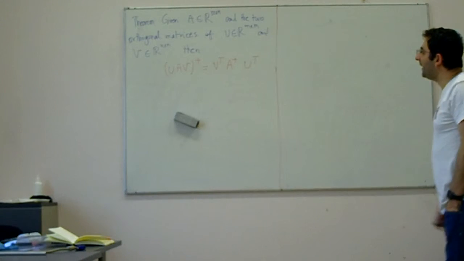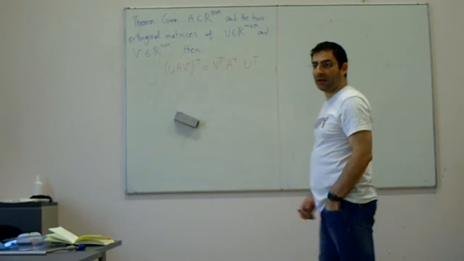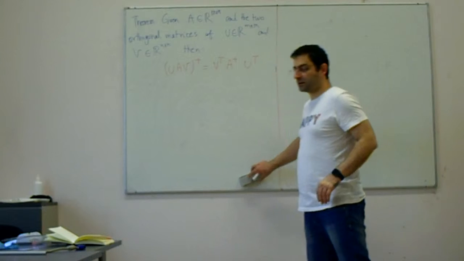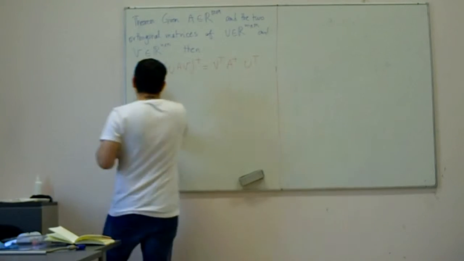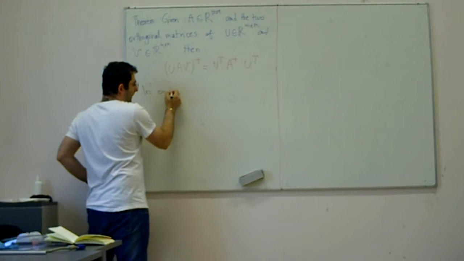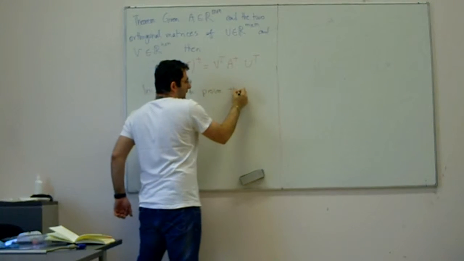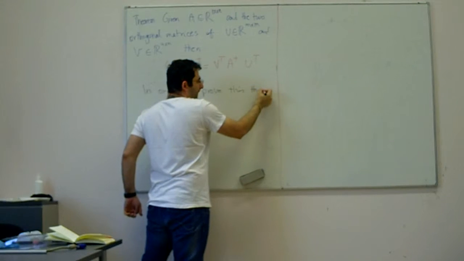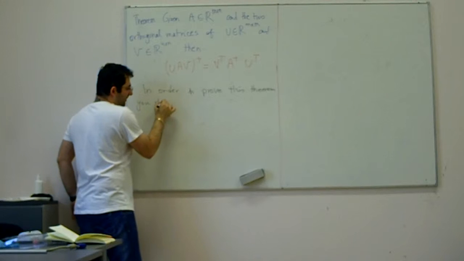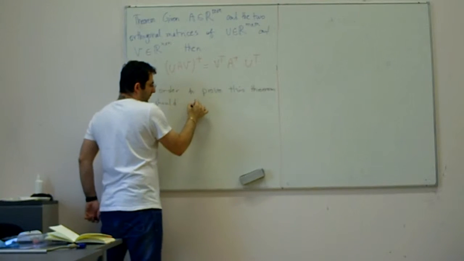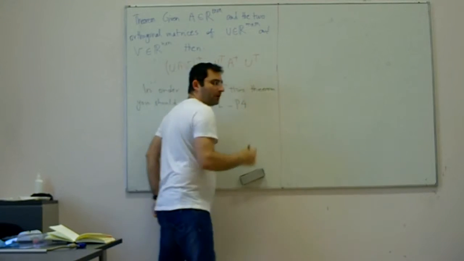So if we have A and two orthogonal matrices of R m by m and n by n, if we are calculating the inverse, this is how we can calculate the inverse. In order to prove this theorem, you should check all property 1 to property 4.